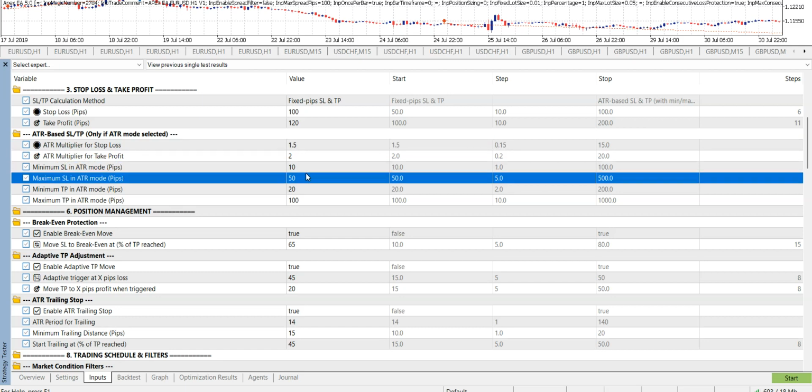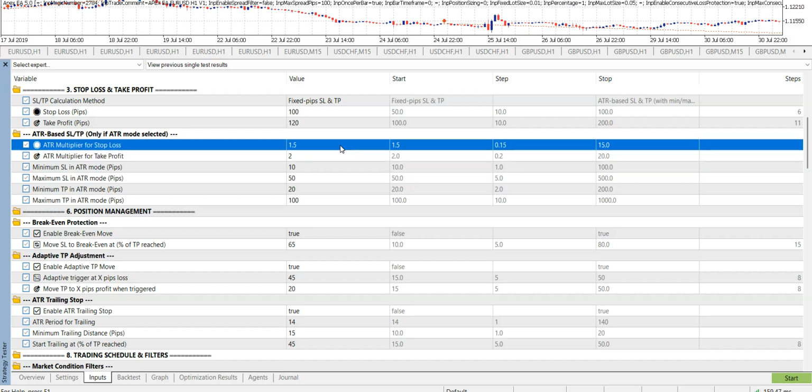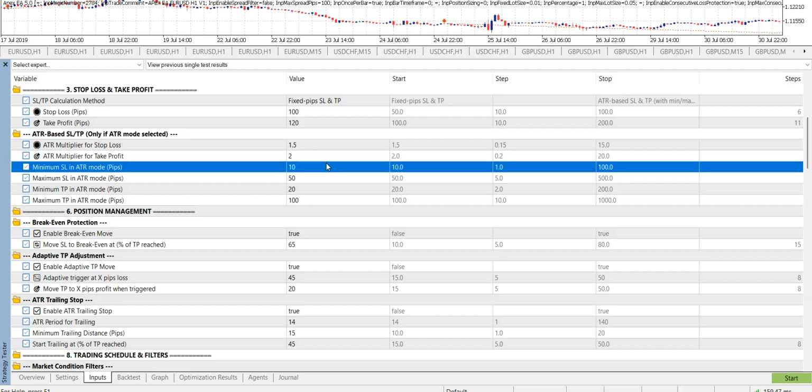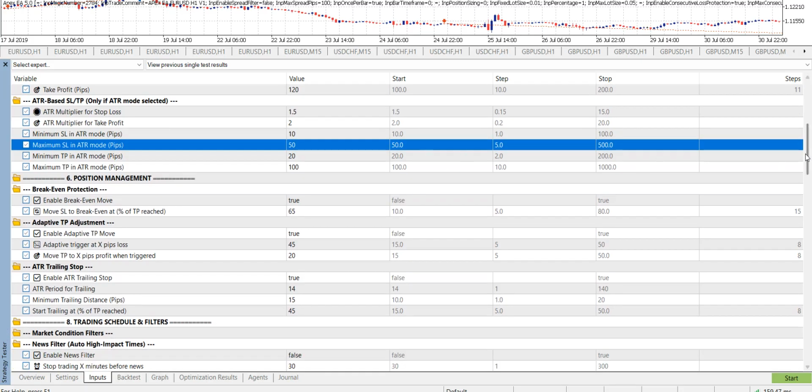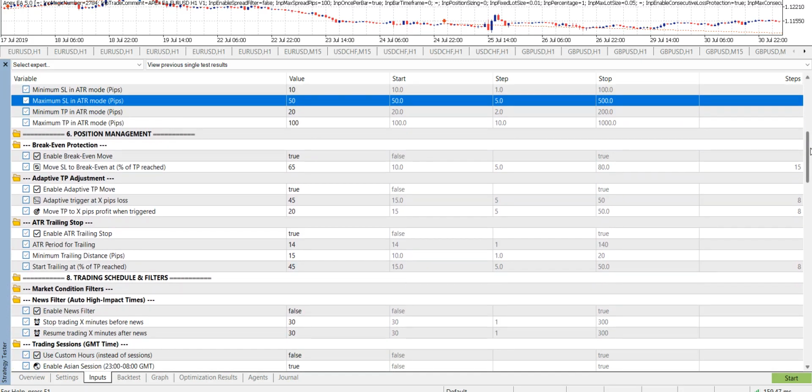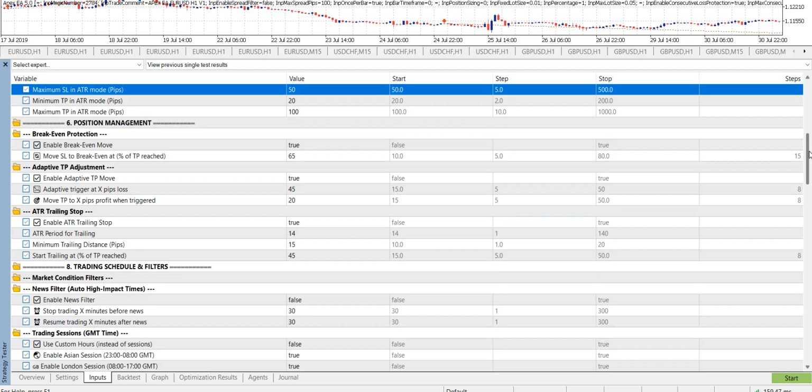So this is a huge improvement above all the ATR based stop loss and take profit based robots, because the minimums and maximums that you can set for yourself in this scenario are insanely important. So you can actually know what is going to be your range.